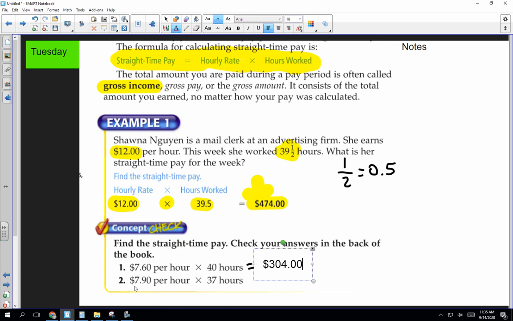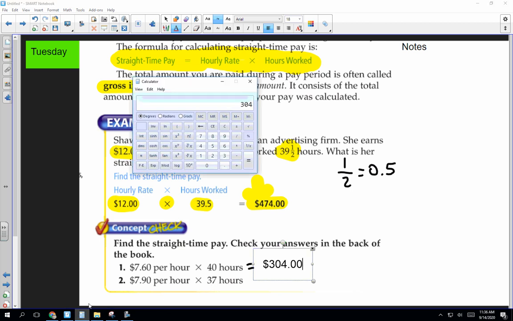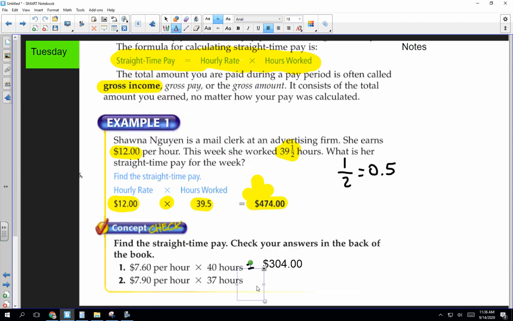Okay, number two, $7.90 per hour, and we work 37 hours. So 7.90 times 37 equals $292.30. Make sure you put your dollar sign in front.